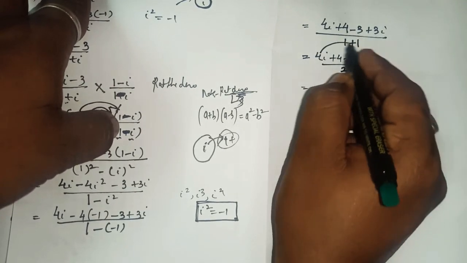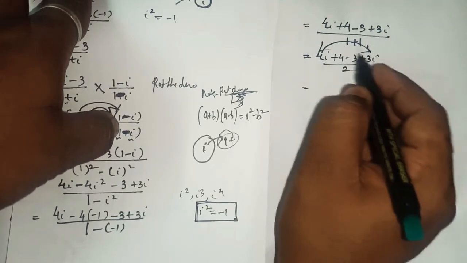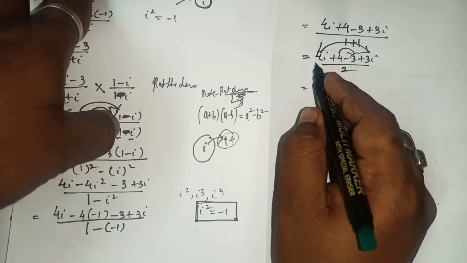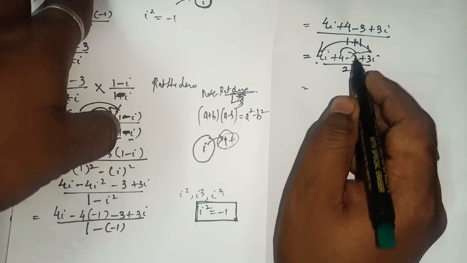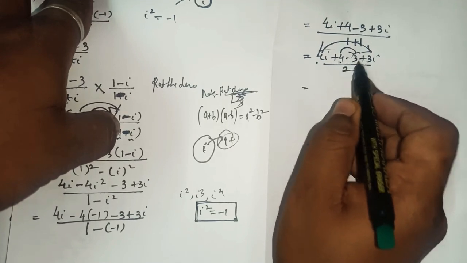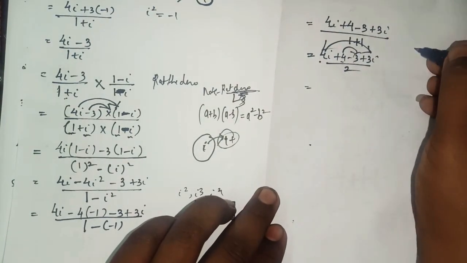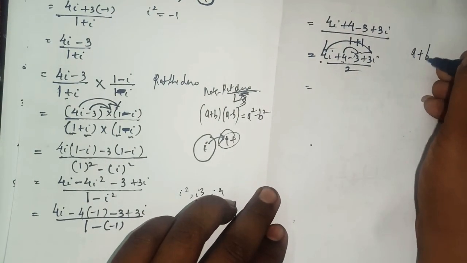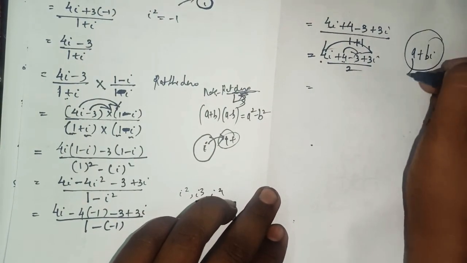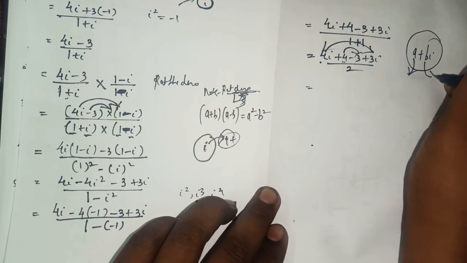Here also we can solve the like terms. 4i plus 3i, and 4 and 3: these two numbers are without i and these two are with i. According to the format, first we write a and then we write the bi term. So first we write the real number and then the imaginary part.